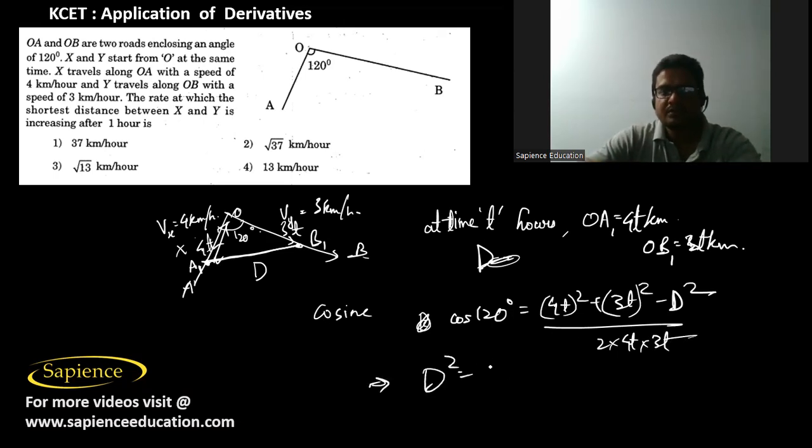So therefore d square will be equal to 4t square plus 3t square minus 2 into 4t into 3t into cos 120.